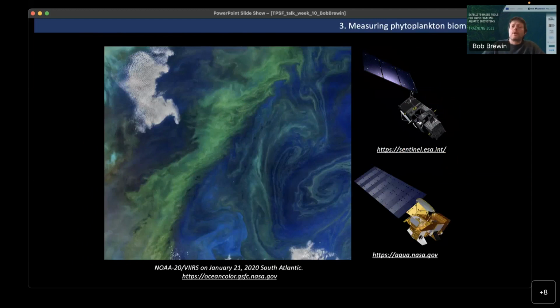Okay, in more recent years, we are now blessed with a suite of very highly accurate and well-calibrated satellite ocean color missions. These are just some examples of Sentinel-3 in the top left, MODIS Aqua and VIIRS.